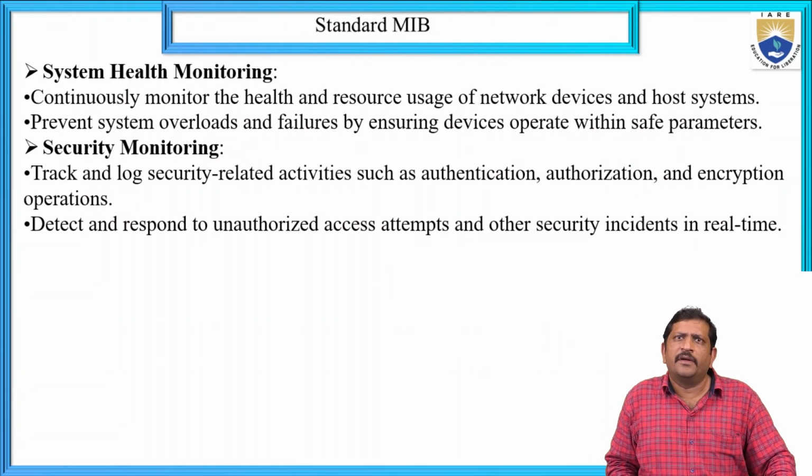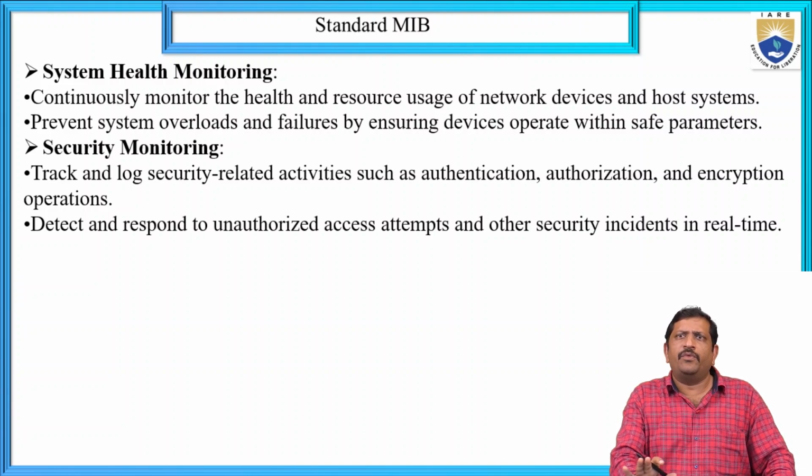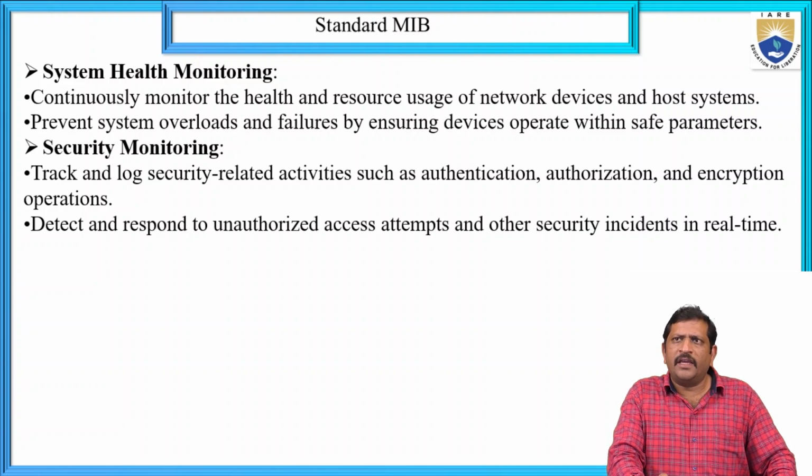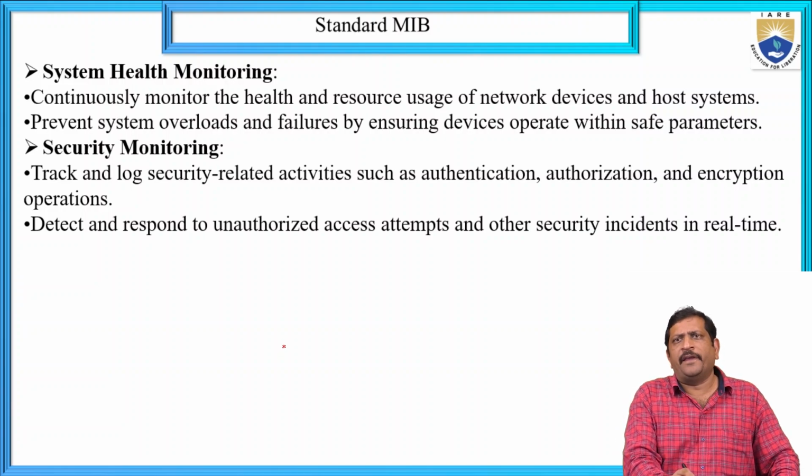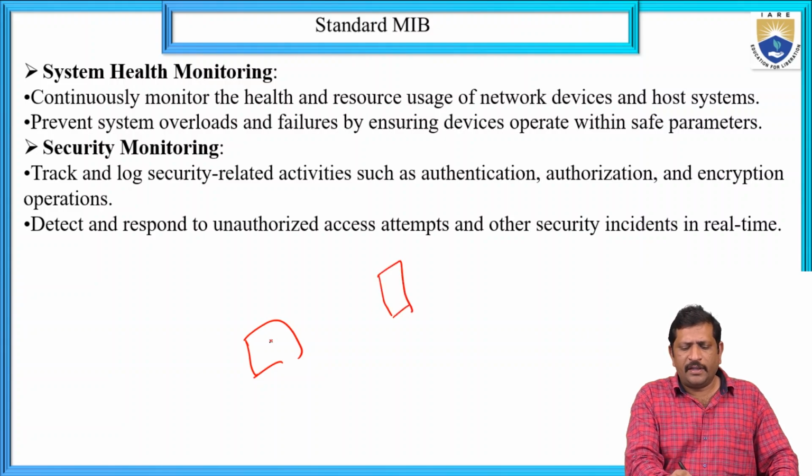System health monitoring, continuously monitoring the health and resources of the network devices and host systems. And security monitoring. Whatever information we are transferring between the two devices, the authentication or authorization and encryption operations are applied. Whatever content we are transferring, these are the data packets.